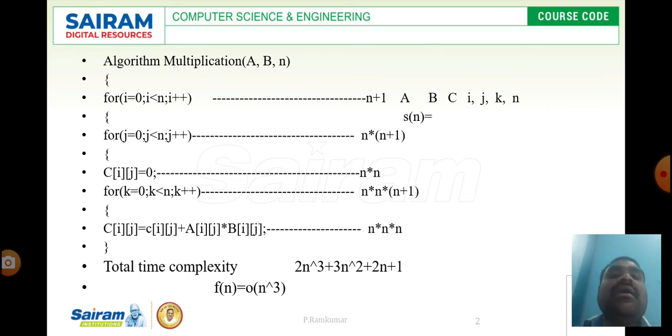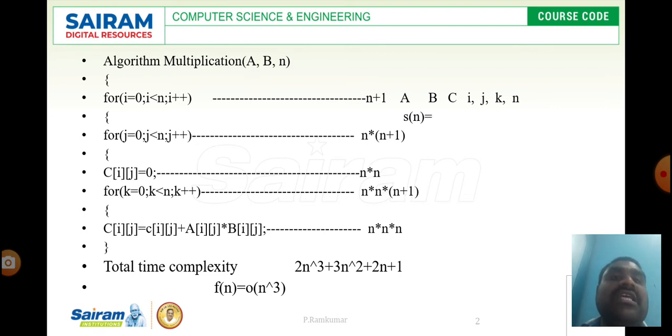In this algorithm, take the first for loop: for i equal to 0, i less than n, i plus plus. Here, how many statements are there? Three statements: one is initialization, another is the condition, and another is either increment or decrement. The i plus plus statement will be executed n number of times.